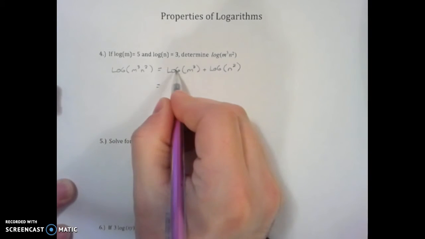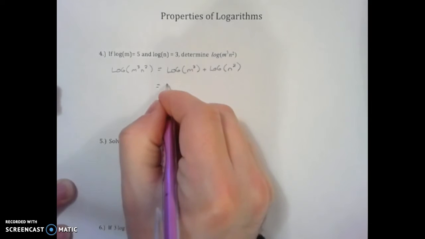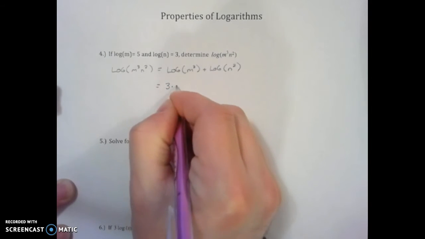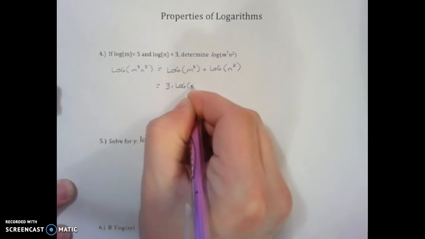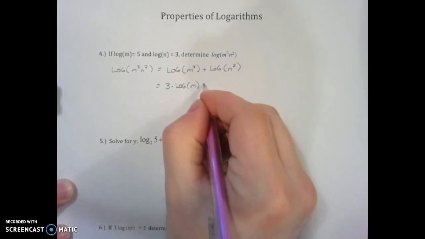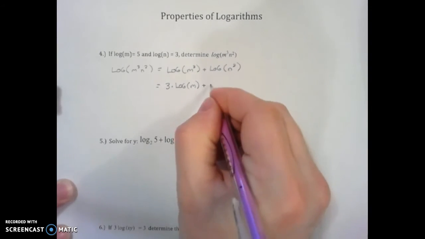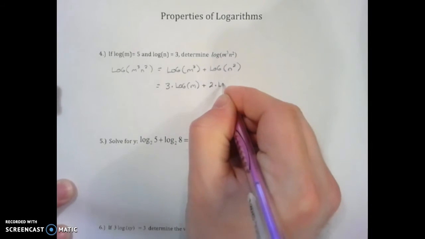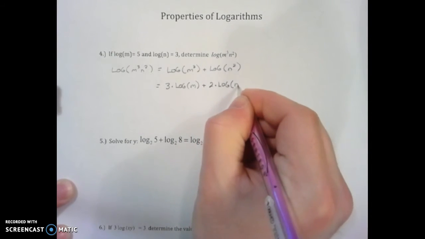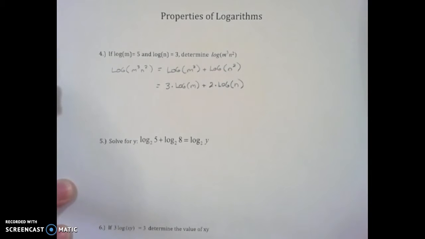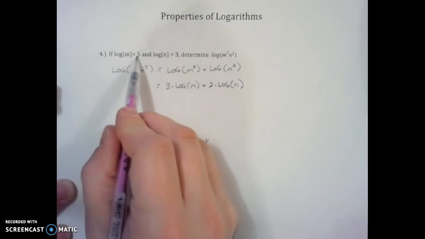So the first one, log of m to the third, is going to be equal to 3 times log of m, plus the next one, log of n to the second power, is going to be equal to 2 times log of n. And now this is easy for me to evaluate since I know log of m equals 5.